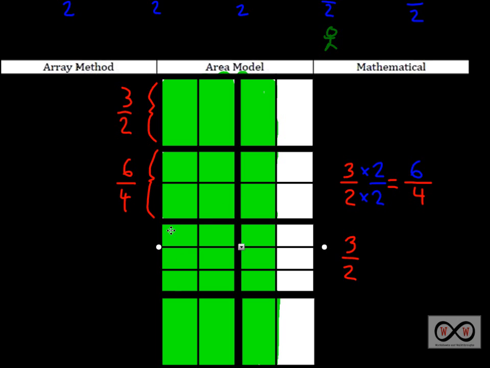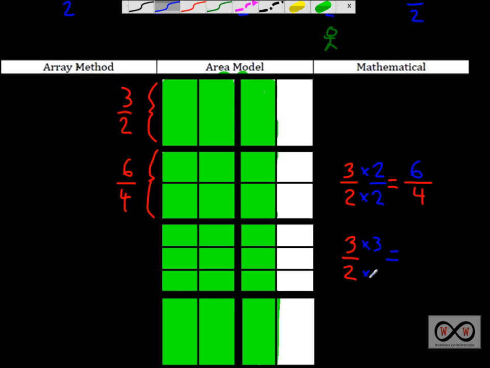Fortunately, I had the opportunity to change it this way. So there we go. Now we've subdivided again by 3. We've got 3 parts going across here. We've partitioned it 3 ways now. So we can think of that as multiplying by 3 over 3. You could do it that way.